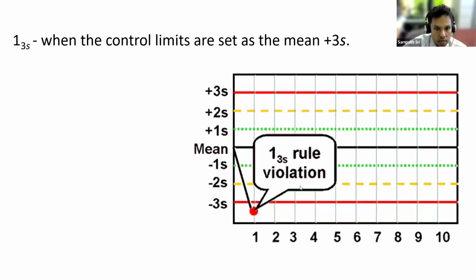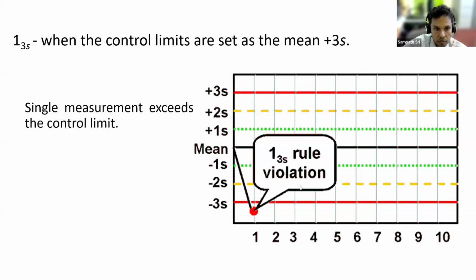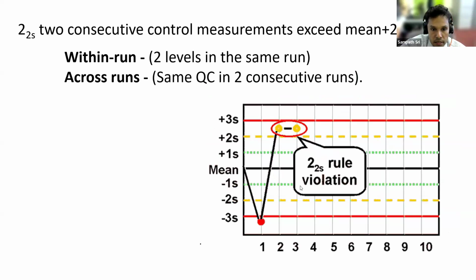The next rule is the 1,3S rule. This means one of our results lies beyond plus or minus 3SD. So this is also a rejecting rule. This is the first rejecting rule. Then we have the 2,2S rule. That means two of our results lie beyond 2SD, either plus 2SD or minus 2SD from the mean.